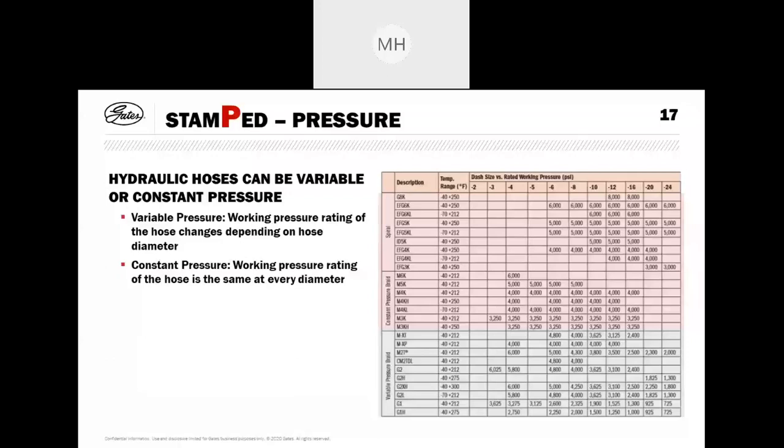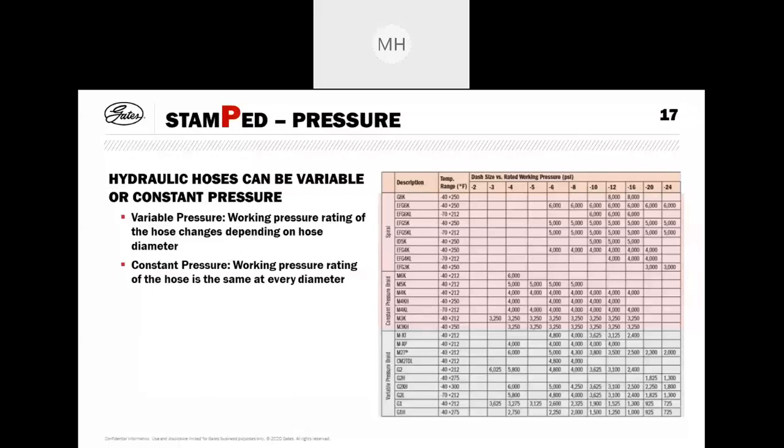Again, still looking through the pressure side of things here. As we were discussing earlier with the ISO and SAE standards, the pressure ratings are different between the two styles of design. So we need to look through the Gates range, and we have this outlined here on the image. The working pressure of the hose changes depending on the hose internal diameter.